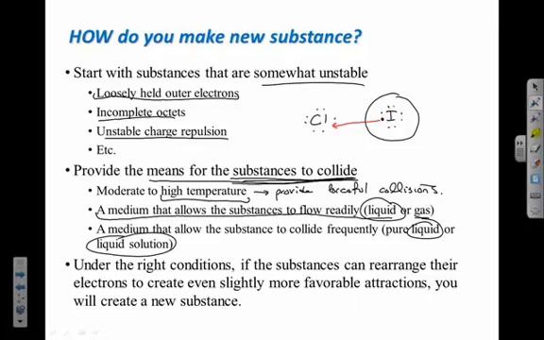So in a liquid, things can flow around, move around, and collide, and usually they're close enough where they can collide often. So if I want to set up a chemical reaction, usually I do that in a solution. I take a solvent, maybe like water, and I dissolve in that solvent one reactant and another reactant, and the water facilitates their collisions, allows the electrons to be rearranged to produce a new product.